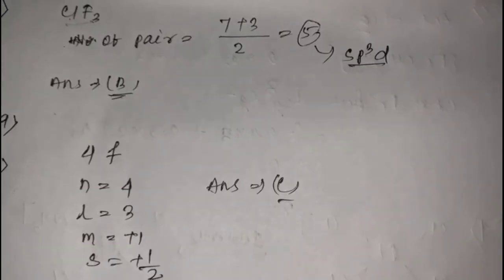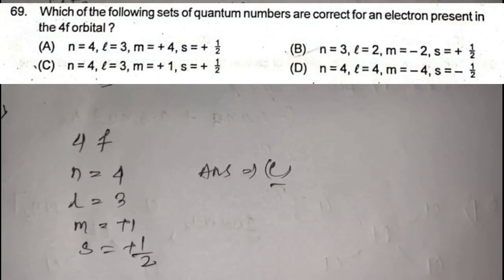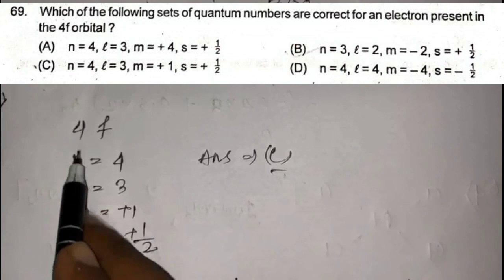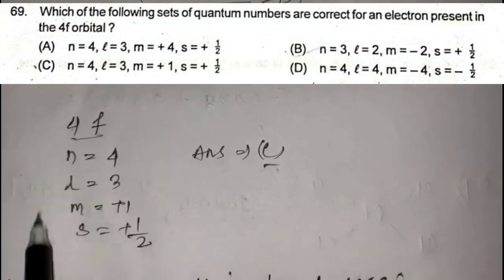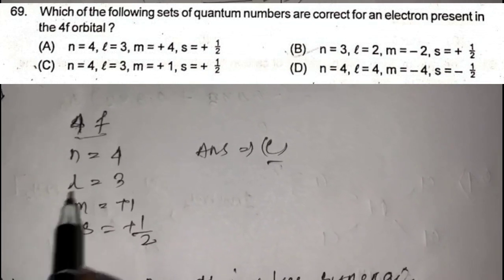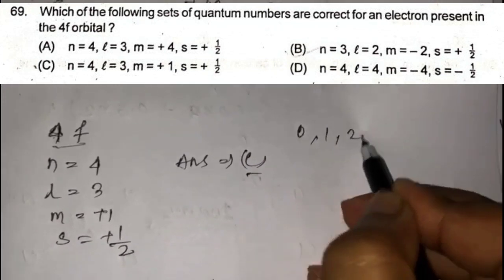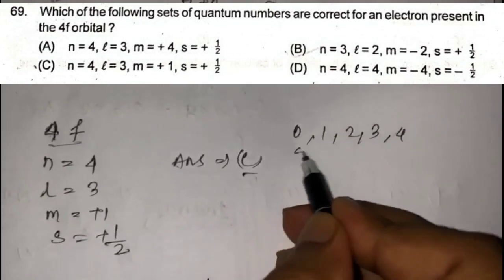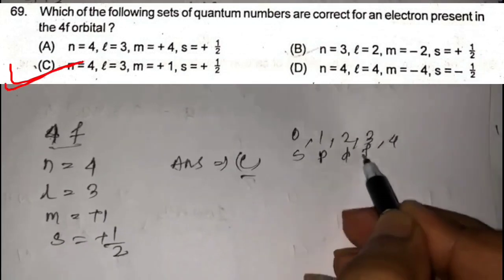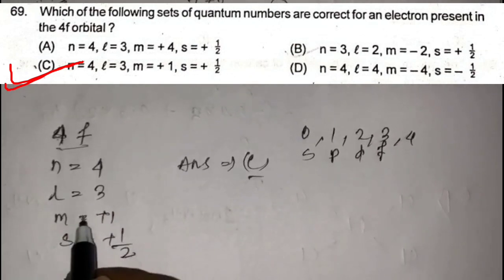They have asked to determine all the quantum numbers of 4f orbitals. So in 4f, n will be 4, the maximum number, that is your principal quantum number, will be 4, and l, for 0 1 2 3 4, this will be S P D F. For F, L, the azimuthal quantum number, will be 3.